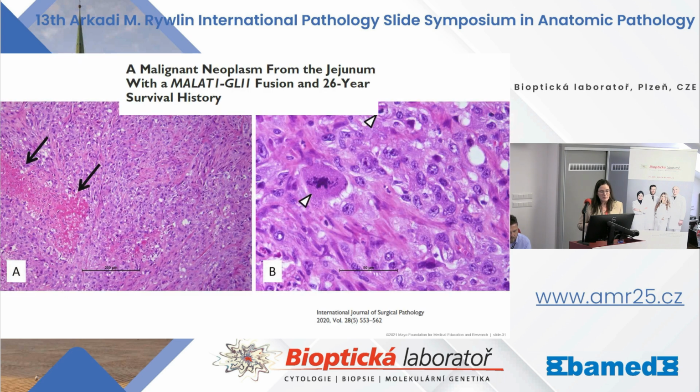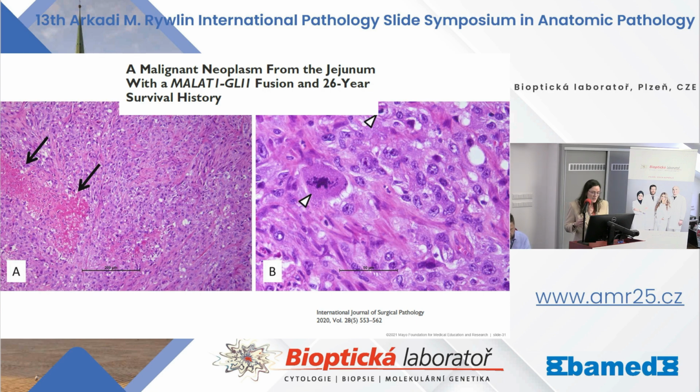Now, there have been a couple of additional cases that may challenge this definition. There was a malignant neoplasm in the jejunum of a patient that had a MALAT1-GLI1 fusion. This tumor is pretty ugly: pleomorphic, with abnormal mitoses, so it has a really malignant appearance. This patient did have metastases, yet had a pretty long survival of 26 years.